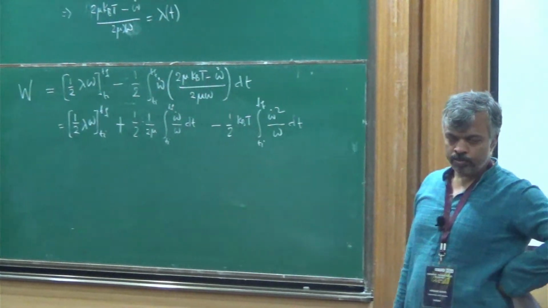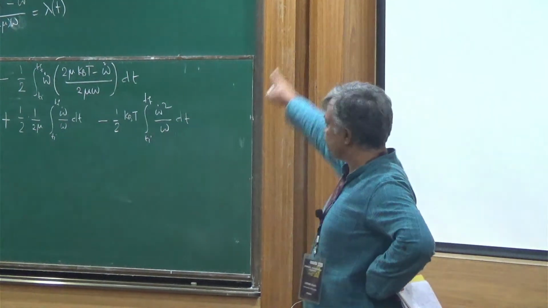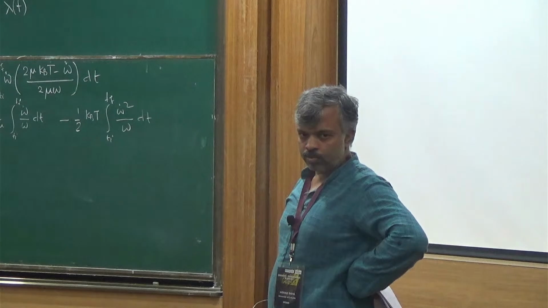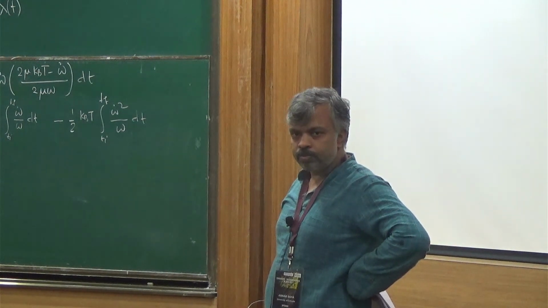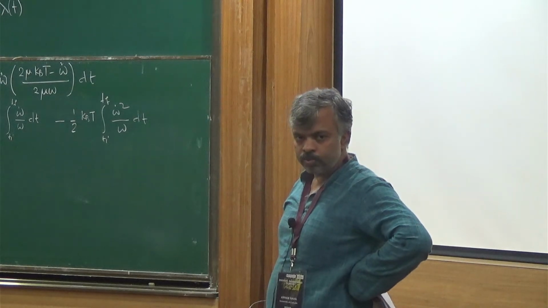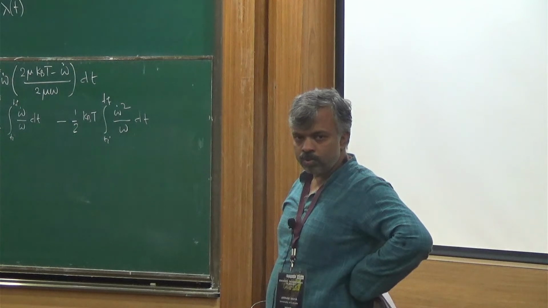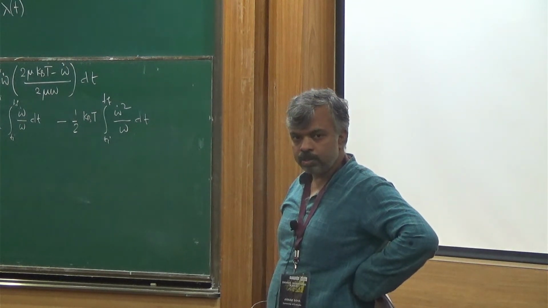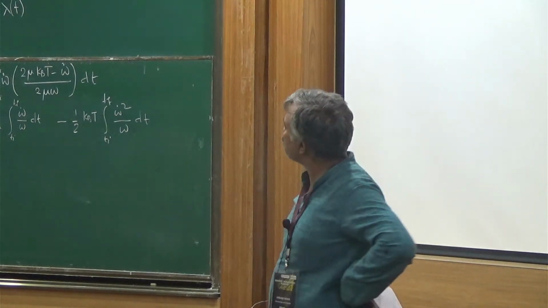We have got eta x average is kBT, right? And we have the eta correlation, eta t eta t prime, which is 2 gamma kBT multiplied by delta, and here it is also the same time, right?